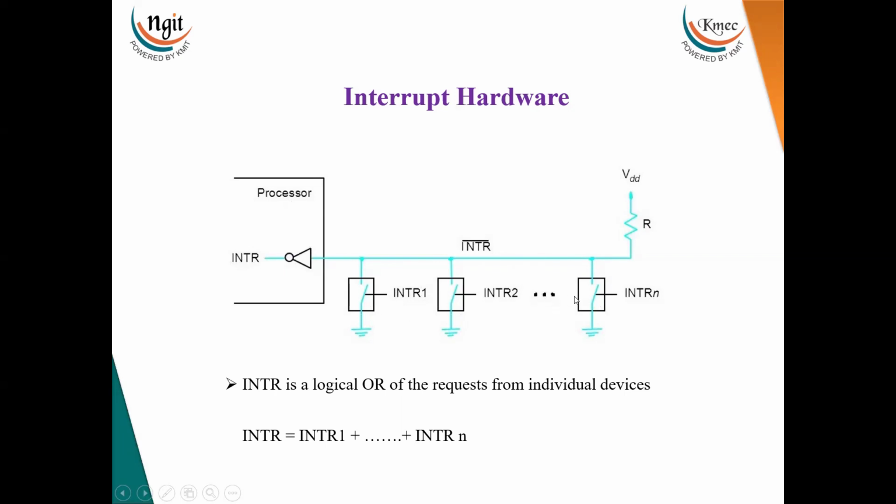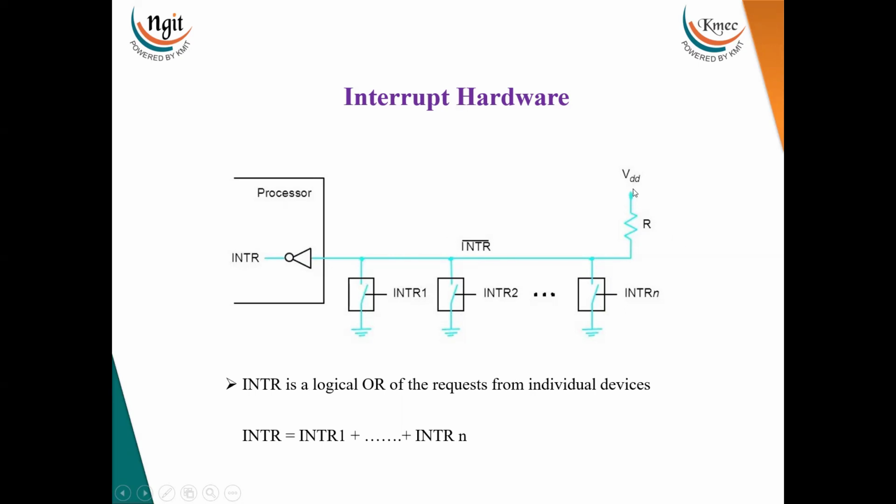Now if any one of the devices is sending the interrupt signal, then its switch is closed. For example, if the first device is sending the interrupt signal, then the VDD signal is grounded by this switch.